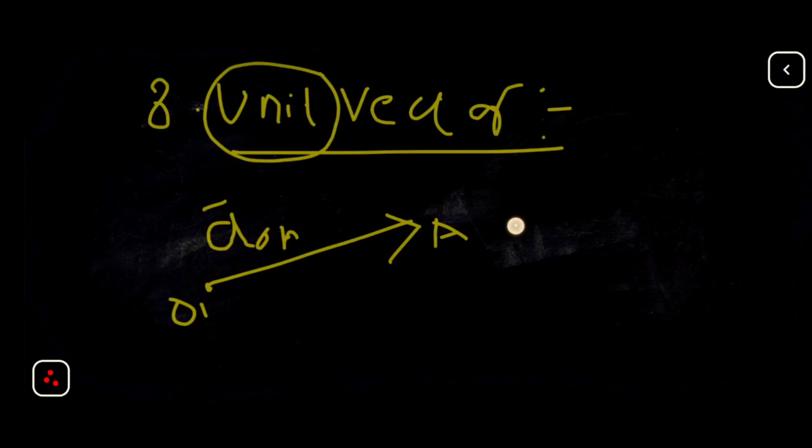Its magnitude is always unity. What is the magnitude of the unit vector a along the OA direction? That is equal to 1. The magnitude of a unit vector is always 1.